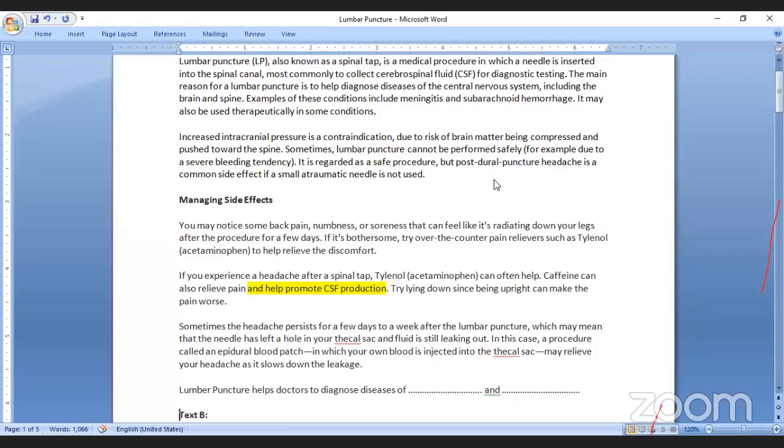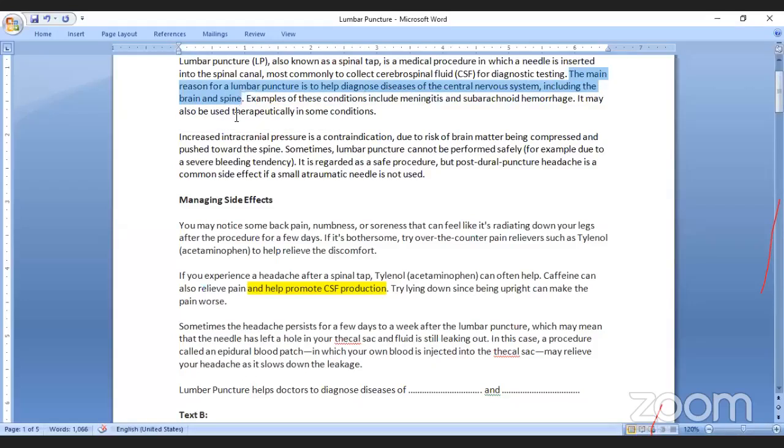Where is meningitis and brain hemorrhage written? No, these are the examples. I'm asking disease of dash and dash, so the answer is here.